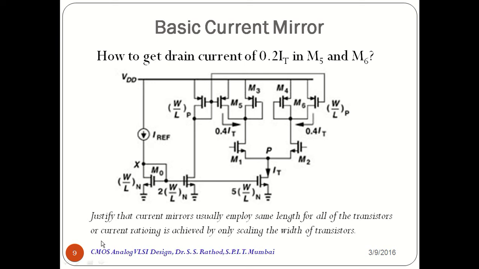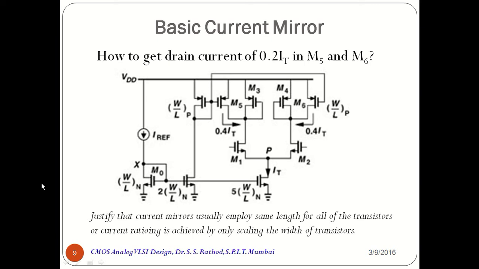Now the next question is justify that current mirrors usually employ the same length for all the transistors, or current ratioing is achieved by only scaling the width of transistors. Current mirrors usually employ the same length for all the transistors so as to minimize the errors due to side diffusion of the source and drain areas.